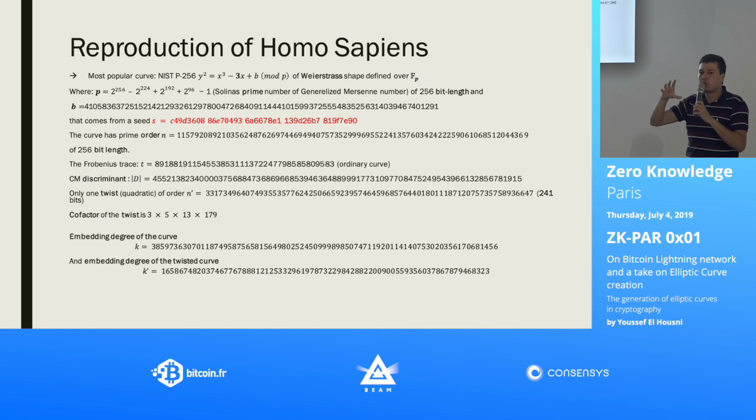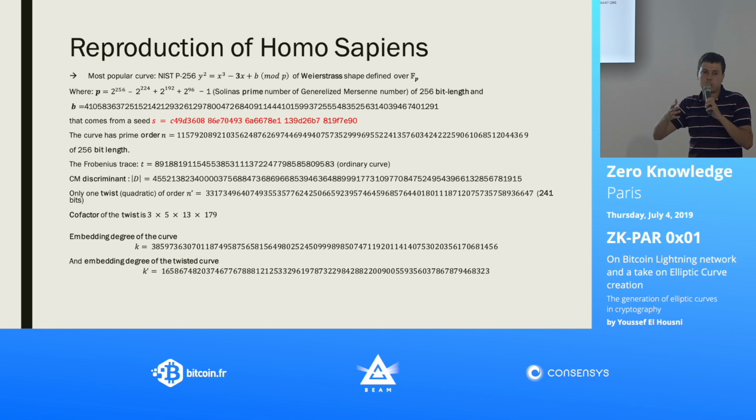But if they are isomorphic in another field, what we call a twist, you need to assess the security on this twist as well. You can prove that if your A and B are both not equal to 0, you will have only one twist that is quadratic. So you have only to assess the security in one twist. I checked the cofactor of the twist, so on the security of the twist, it's fine. So the only thing here is the seed: where does it come from?